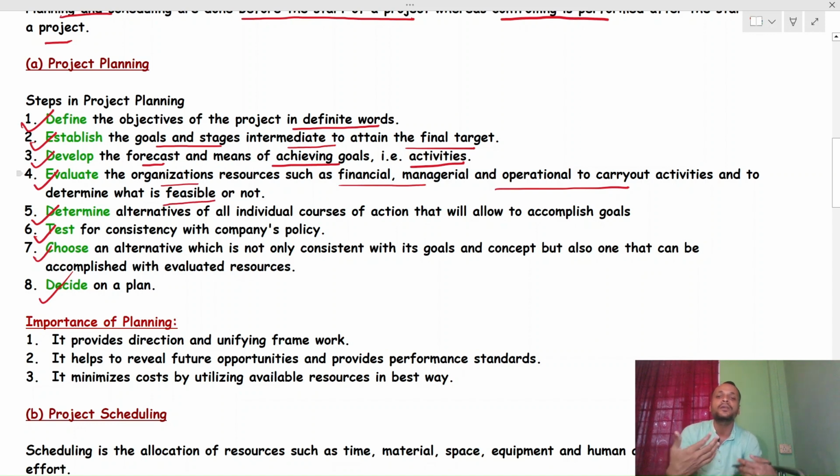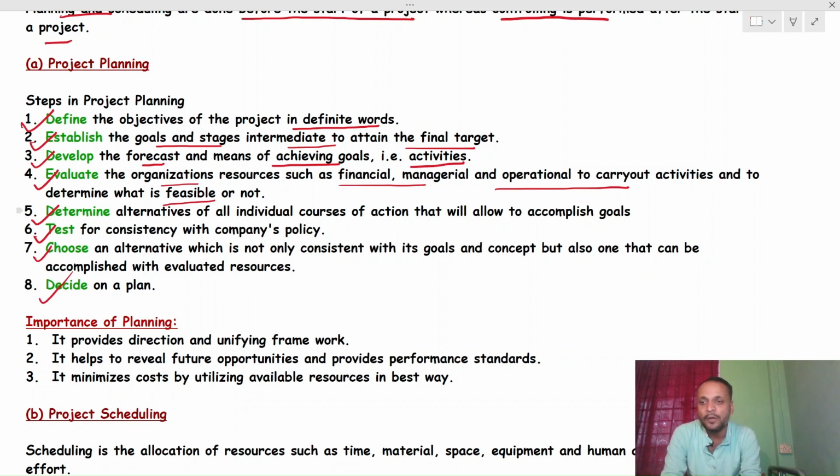You have to see the capacity of the organization you are working in, what resources they have available. Based on that you evaluate what activities are feasible and what work you have to do.